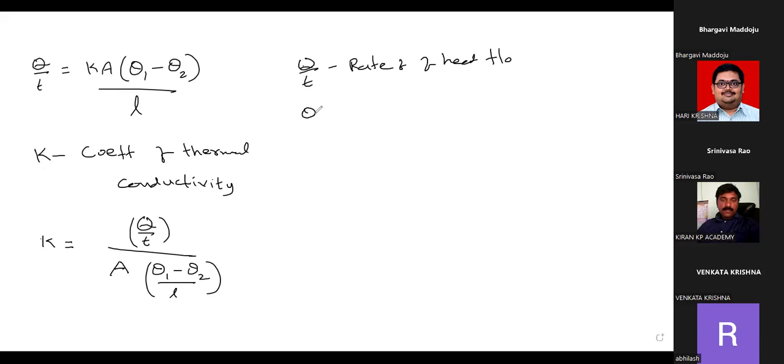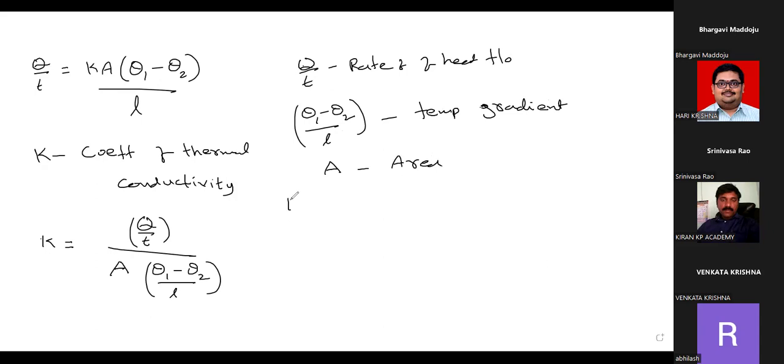Now here (theta 1 minus theta 2) by L is the ratio of the temperature difference to the distance between the two points. This is called the temperature gradient. Now A is the area of cross section.